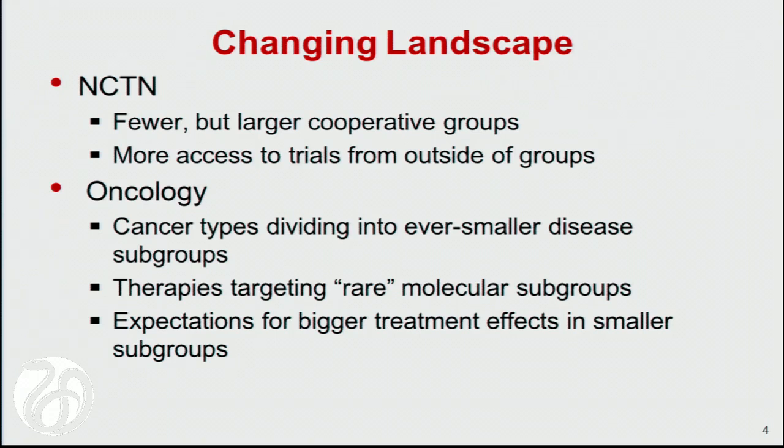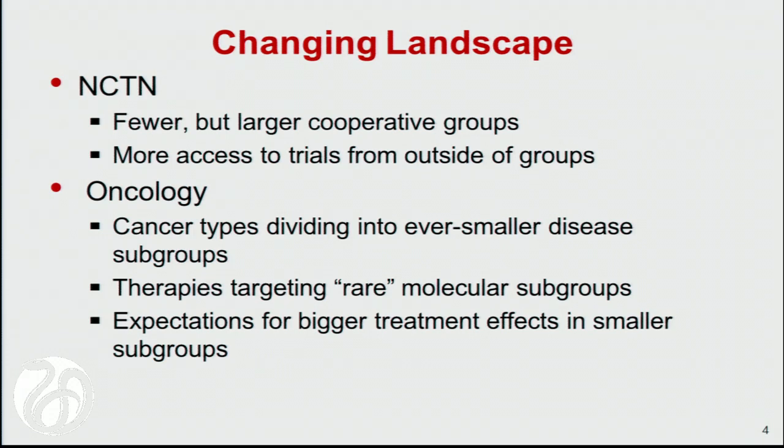It struck me as I was beginning to think about this talk that there's a sharp contrast in the landscape as it reflects what's happening with the National Trials Network and what's happening with the way we are approaching oncology trials. For the National Trials Network, we have reduced the number of cooperative groups, but each group is larger and more diverse, and we also want to increase the capability for those outside of the groups to enter patients onto the trials.